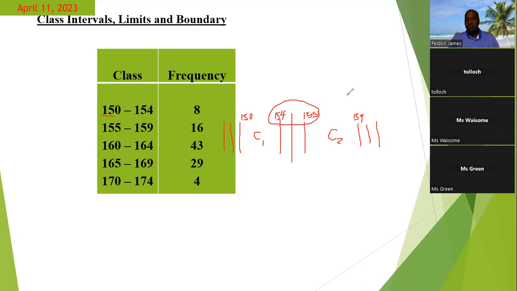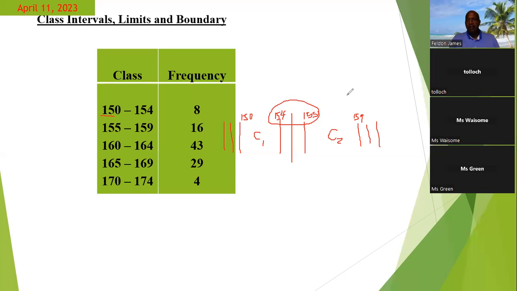So we're going to take away the 154 from the 155. But if you take away 154 from 155, would that give you...? Repeat the question you asked earlier. I want to find out what is the number midway between 154 and 155. 0.5, sir.